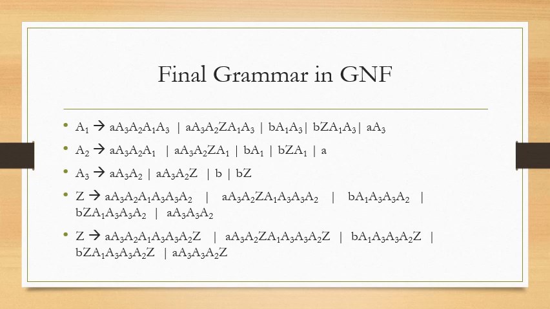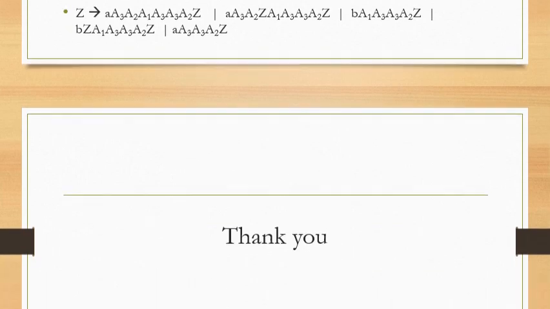You follow the ordering, and by ordering you choose AN first. This AN will automatically be converted to GNF, followed by AN minus 1, AN minus 2, up to A1. And finally, the Z productions will also be converted to GNF. Okay. Thank you.